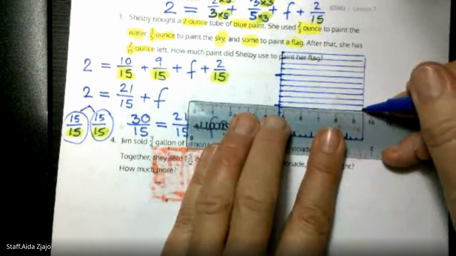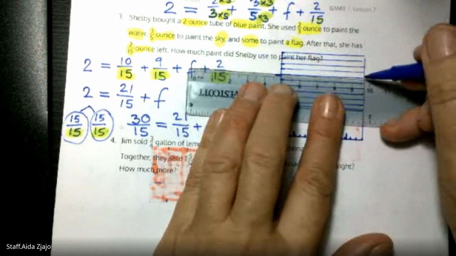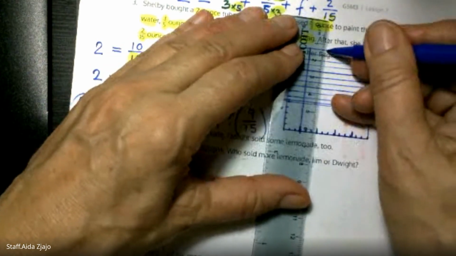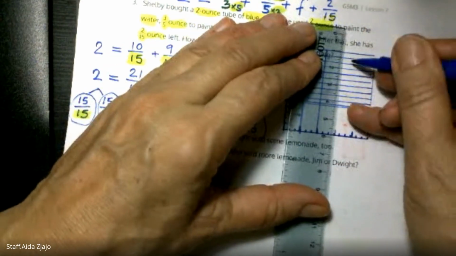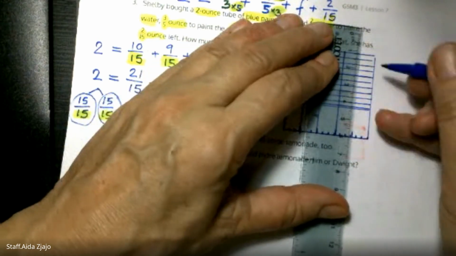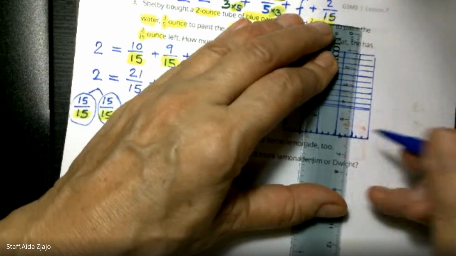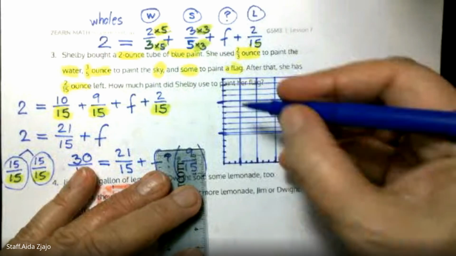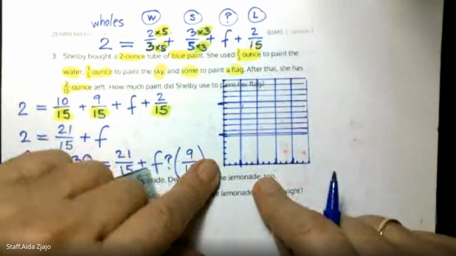Okay, so I am so tired, guys. So I just was making 15 times 15 pieces instead of just 5 times 3. But that's okay. Okay, so now each of these is actually 1/15.